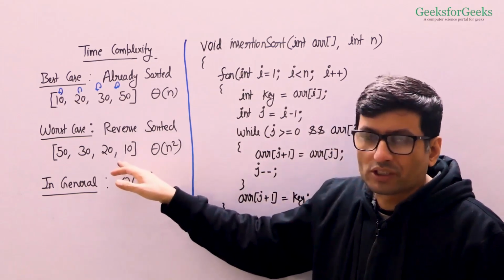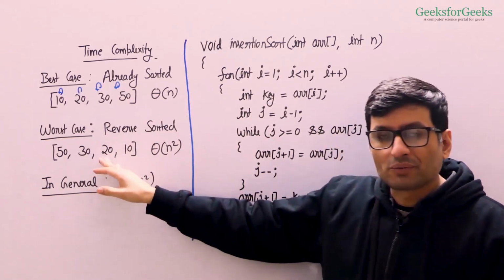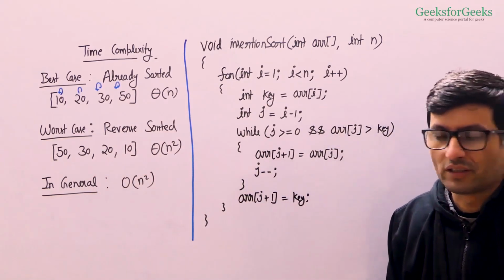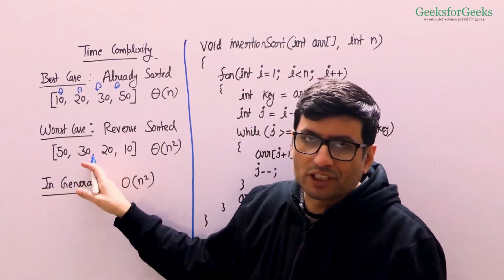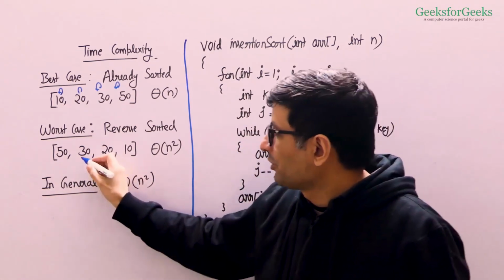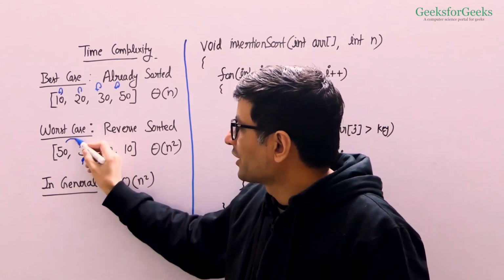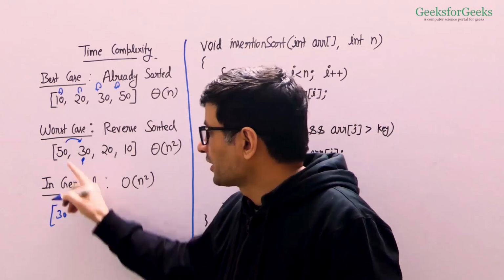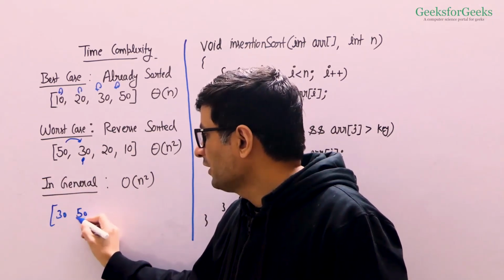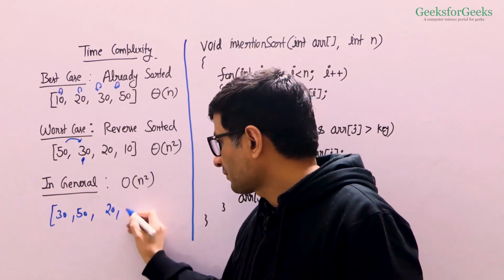Let's now talk about worst case. Worst case happens when your array is reverse sorted. What happens in reverse sorted is you are doing maximum shiftings in every iteration. When you are here, then 50 will shift it here, right? And after placing 30 here, you will have 30, 50, and then 20, 10.